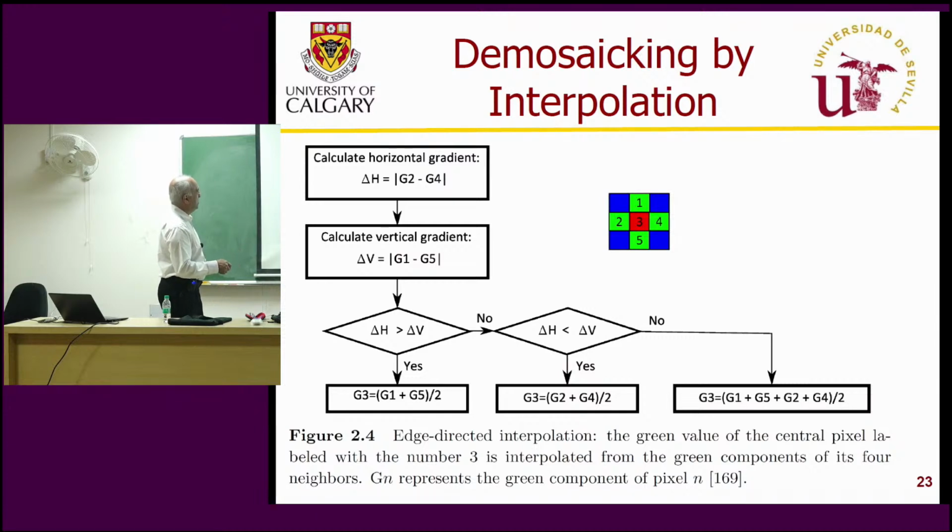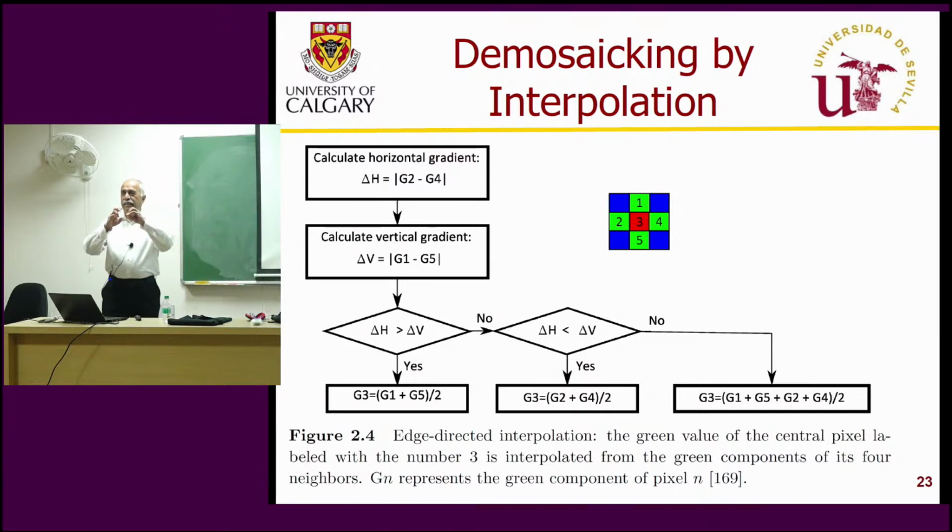And if delta H is more than delta V, you average these, G1 plus G5 over 2, and that goes to G3. And if delta H is less than delta V, average 2 and 4, so G3 gets G2 plus G4 over 2. Otherwise, you average all 4. That is for green. The blue will be in the corners, and you do the same for the blue.